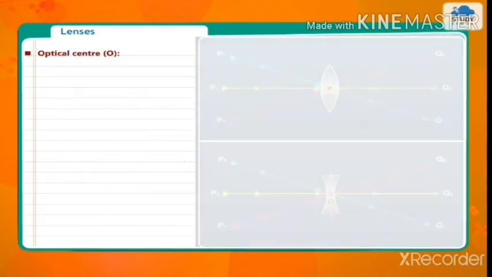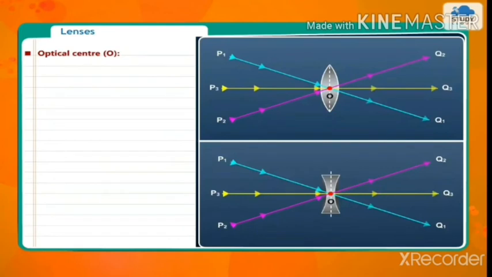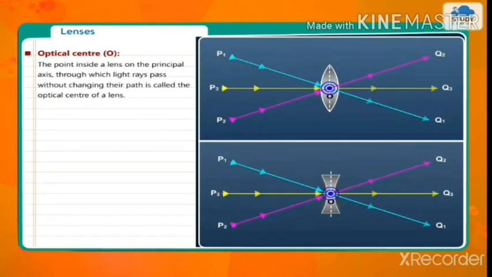Optical center, O. The point inside a lens, on the principal axis, through which light rays pass without changing their path is called the optical center of a lens.